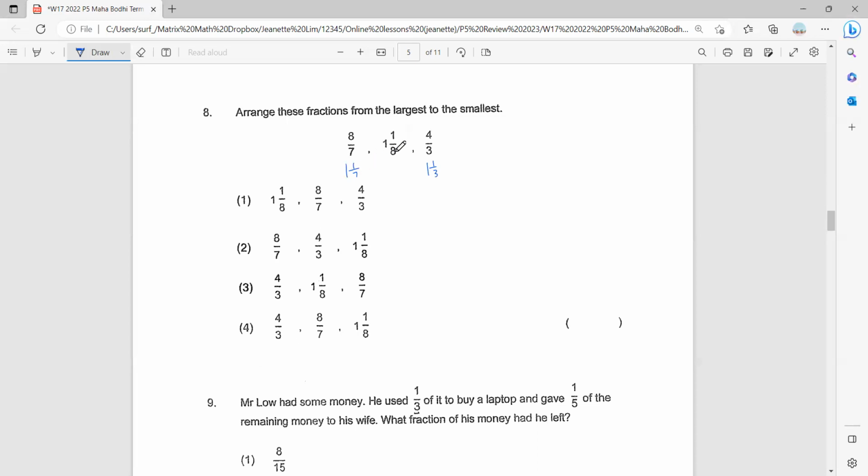You have 1/7, 1/8, and 1/3. Which one is the smallest? 1/8 is the smallest. And 1/3 is the biggest. So this is the largest. Okay, largest first. So 4/3 first. So not these two. 4/3 first. 1 and 1/8 has to be the last one. So first and last. Okay, so answer is 4.